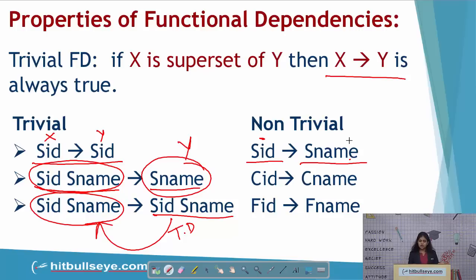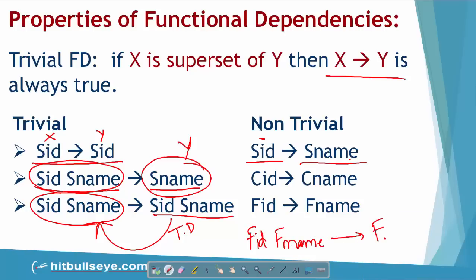But yes, if I say that FID, F name functionally determines F name, here, yes, it is a trivial functional dependency because FID F name is a superset of F name. I hope you understand what is trivial functional dependency and what is non-trivial functional dependency.